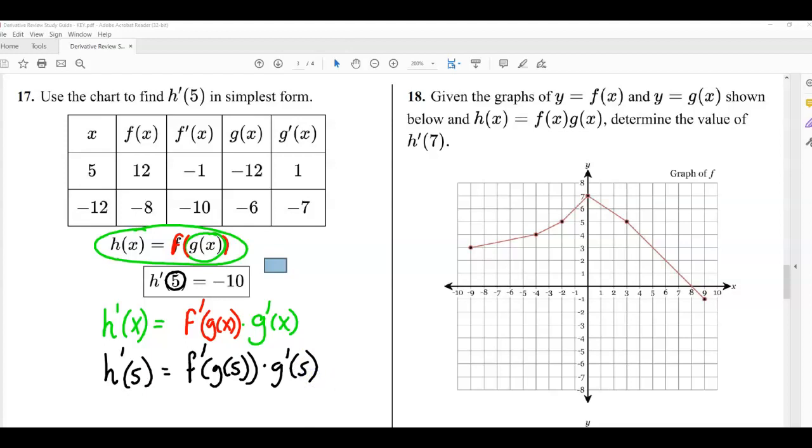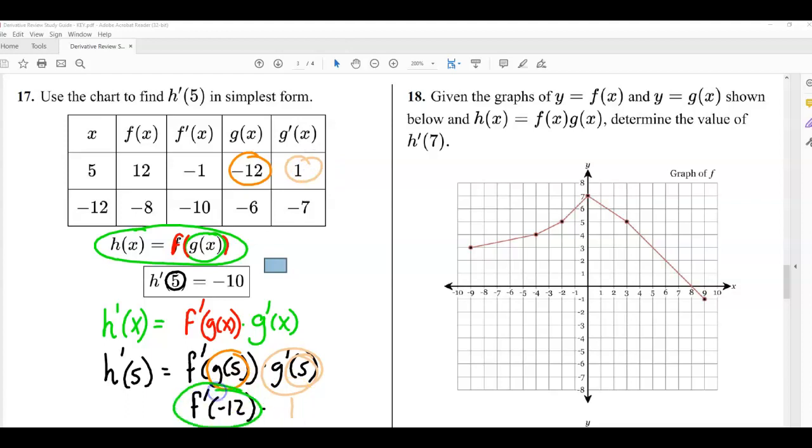And from there, we're going to use our table. So, g of 5, according to our table, is -12. g prime of 5 is 1.